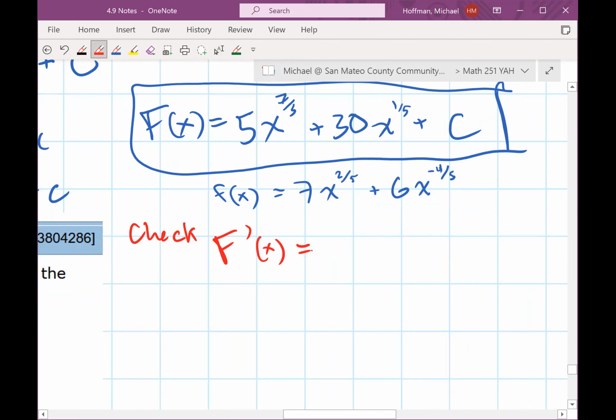And I'm just going to write this out one time. So I have 5 times, right, 7/5 comes down.